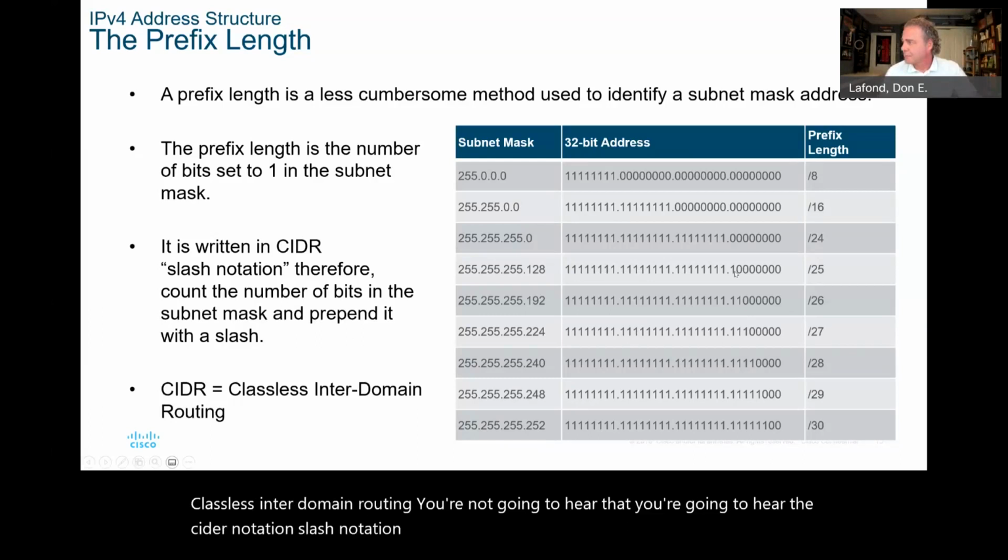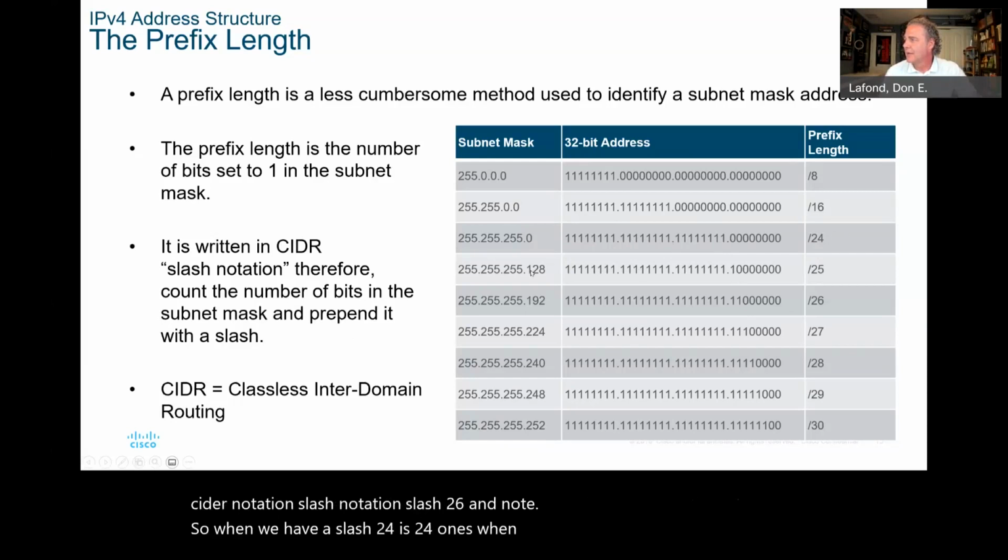And note, when we have a /24, it's 24 ones. When we add a 1, we're borrowing from the host portion. We have /25, and that actually gives us 2 networks.